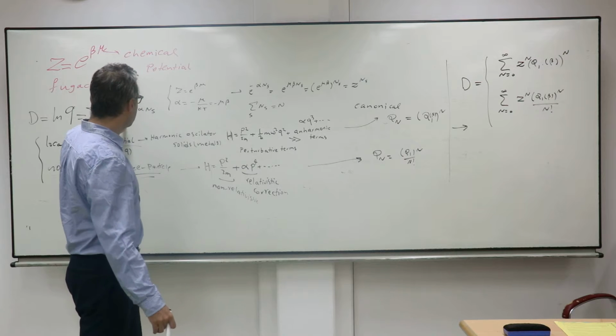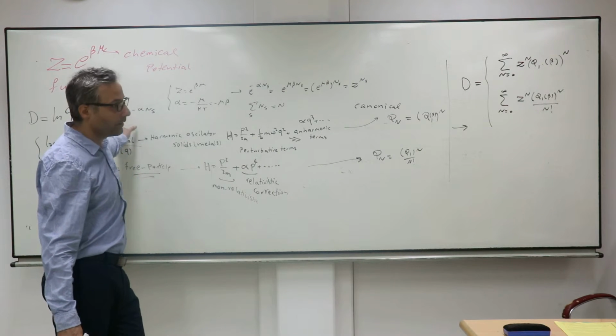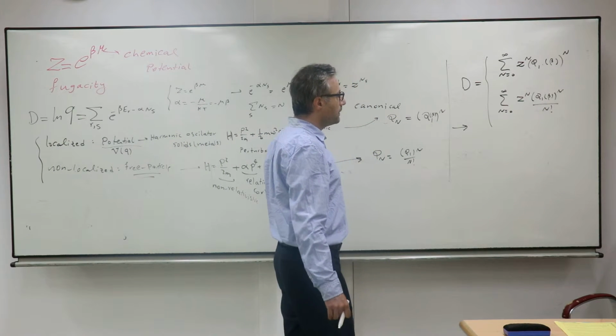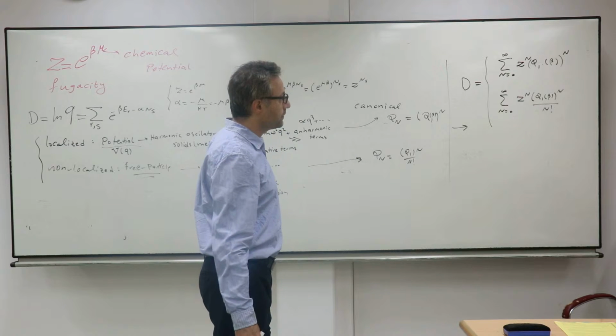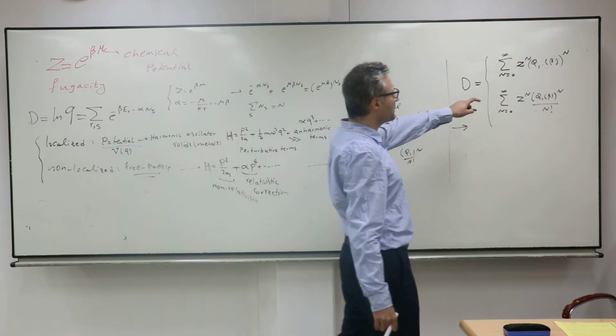You will see that this will be the original, normal partition function. These two equations are the main grand canonical partition function for the localized system. But we can simplify it further.